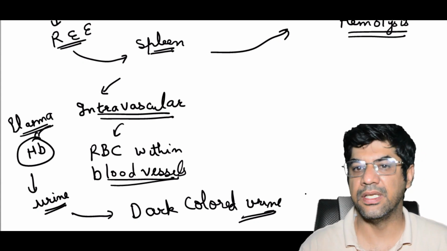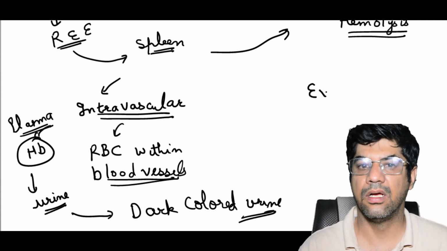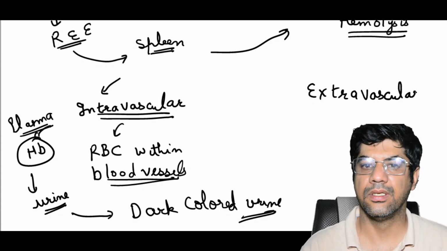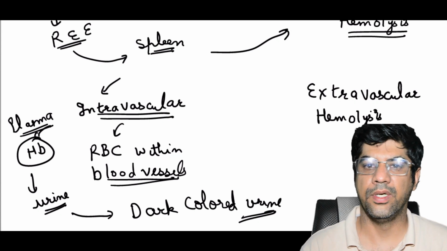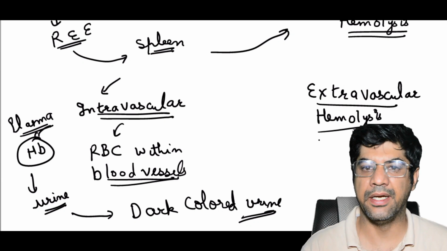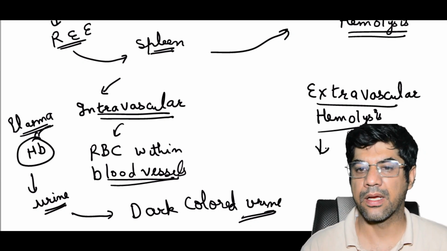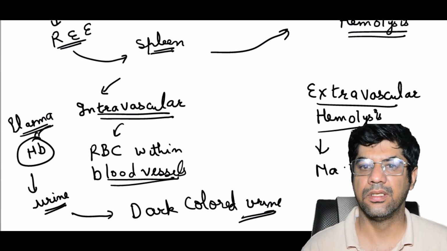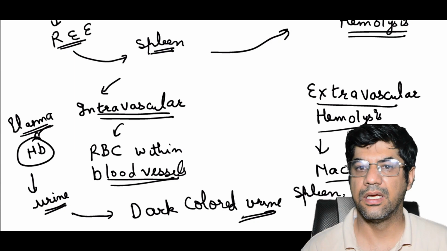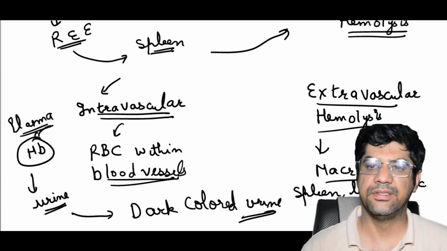The other process is extravascular hemolysis. It occurs when the RBC are phagocytized and destroyed by macrophages, primarily in the spleen, liver and other parts of the reticuloendothelial system.